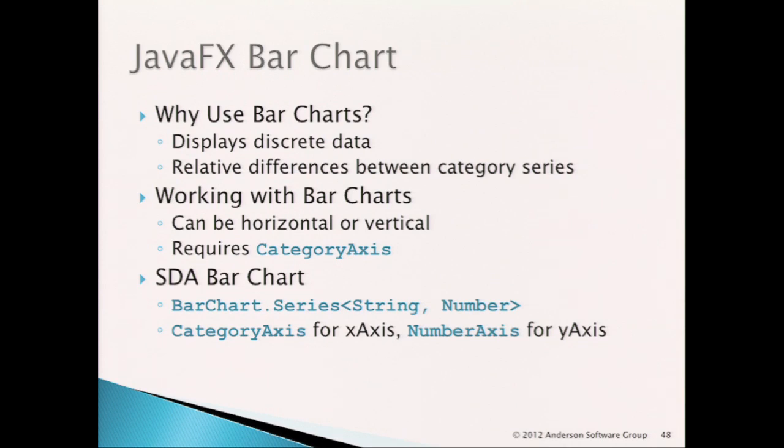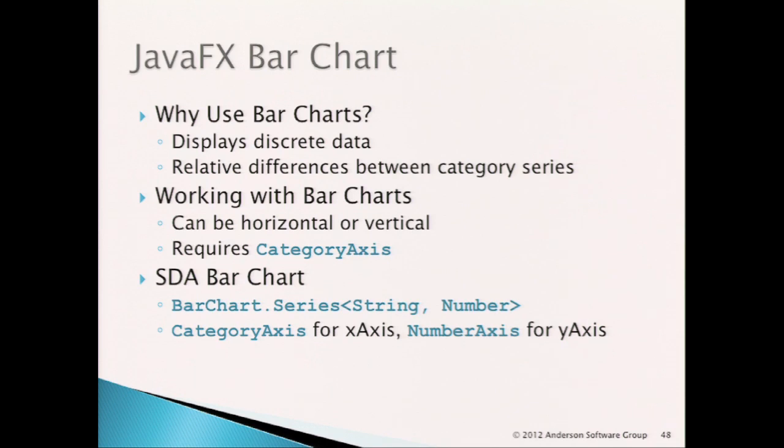But by the way, bar charts require a category axis. Remember we said that some of these XY charts did, so we've got that in the notes for you here. And the interesting thing about horizontal bar charts is that because it's horizontal, your eye draws a vertical line down, and so you tend to read it left to right. And so horizontal bar charts are really good for showing people where relative lengths are and emphasizing who's got more discrete data than others.